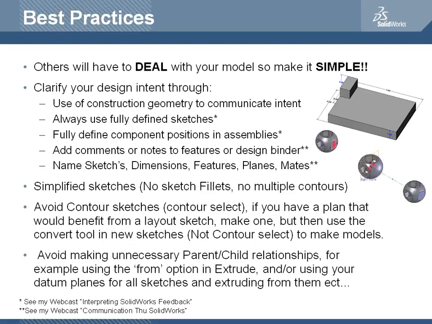From an assembly standpoint, you want to make sure that your components are fully defined in their positions in the assembly. This will help convey intent. You may also want to add comments or notes to features or add additional information to the design binder. This is also available in another webcast that I covered, Communication through SOLIDWORKS.